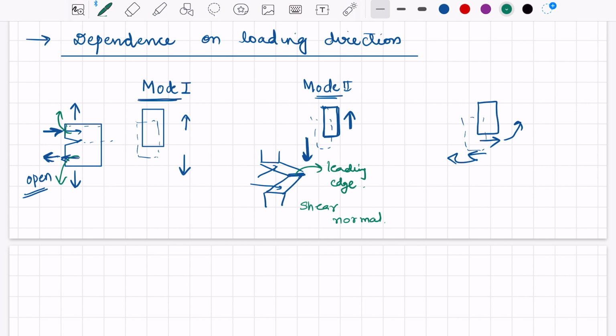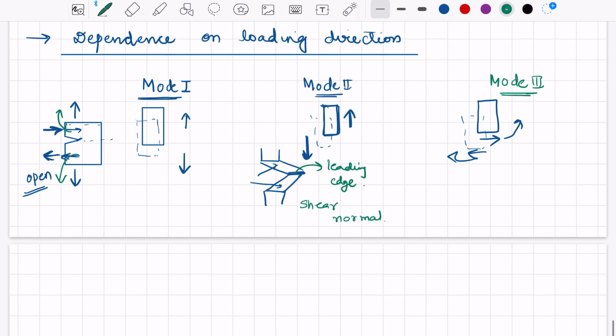However, in case of mode 3 loading condition, the shear stress that is applied is parallel to the leading edge. So it is parallel in case of mode 3 loading condition.